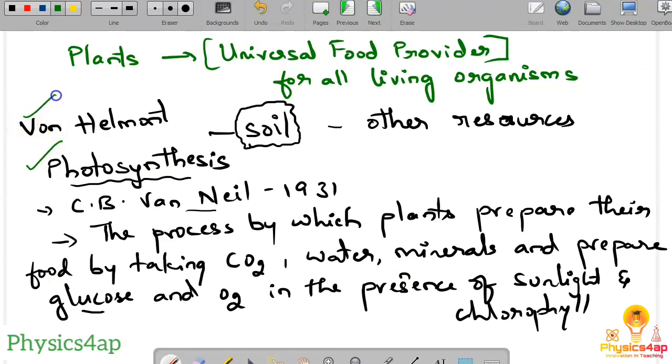It was Helmont who said that not only from soil, the plants can also prepare food from other resources. Those other resources we say are carbon dioxide and water. And it was Jan Ingenhousz who explained this photosynthesis process.